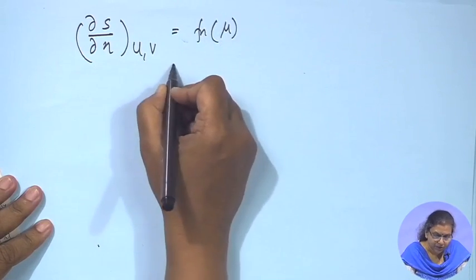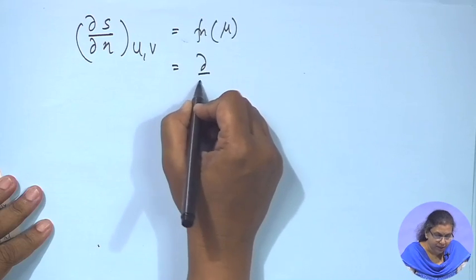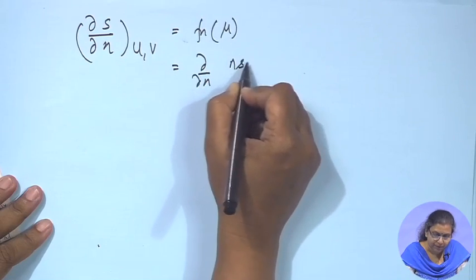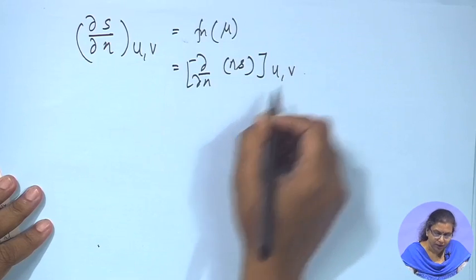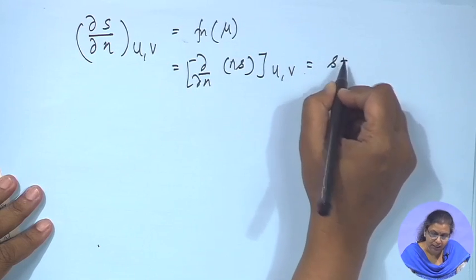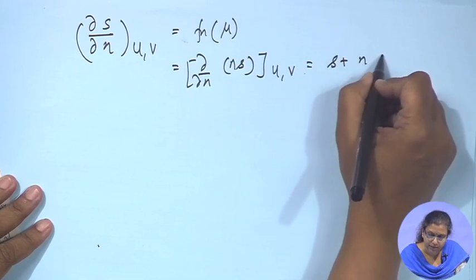Now, this equation we can definitely write as del S del N at constant U, V, just like we have been doing for all cases.